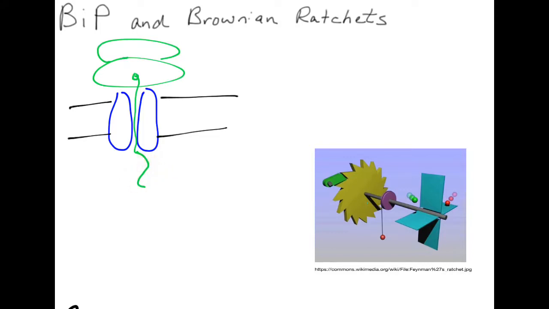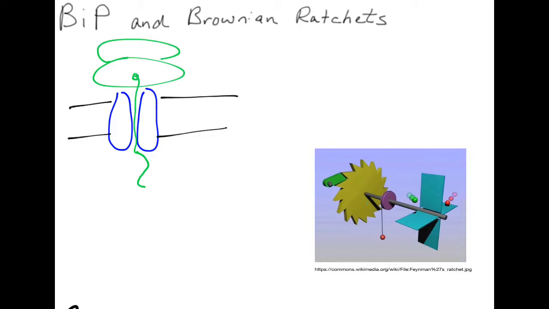There are going to be exposed hydrophobic patches, and those could potentially cause misfolding. The ER is a very, very, very crowded environment. If anything, it's more concentrated than the cytoplasm. So all those issues of protein folding that we had to deal with in the cytoplasm are still going to be there in the ER.